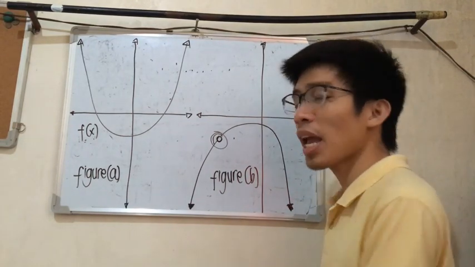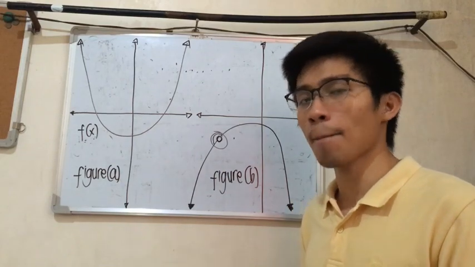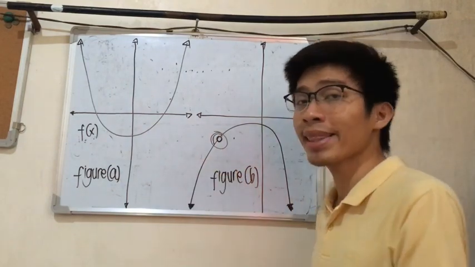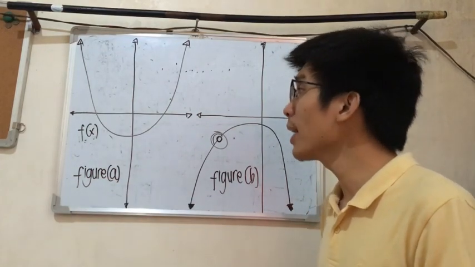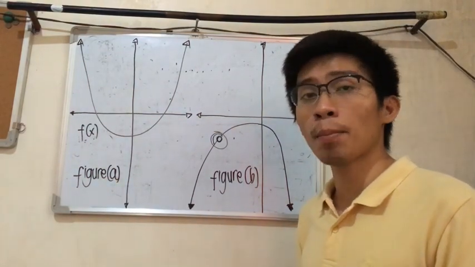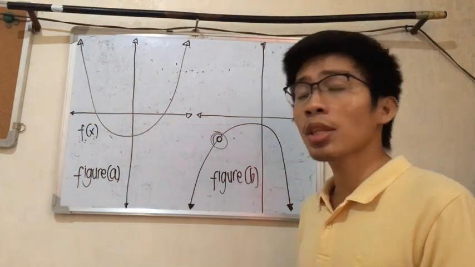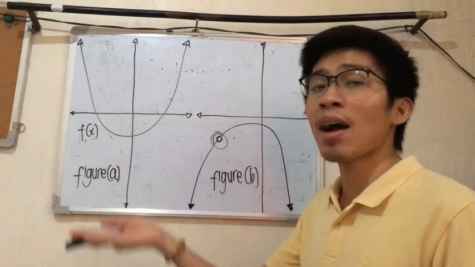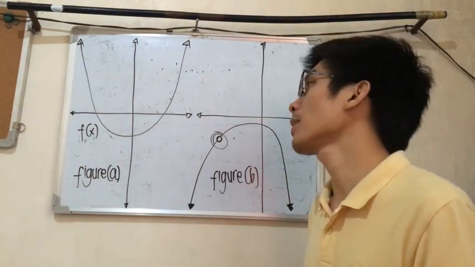Again, figure B is not continuous, or discontinuous at some point, because it commits a hole. For figure A, the parabolic function opening upward is continuous because we don't have holes, breaks, and gaps.